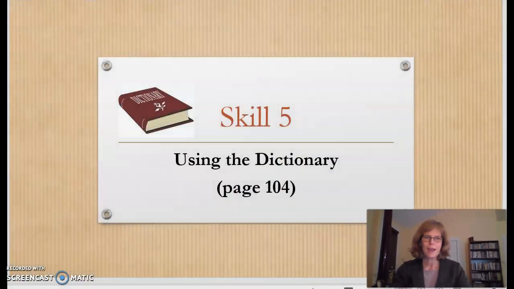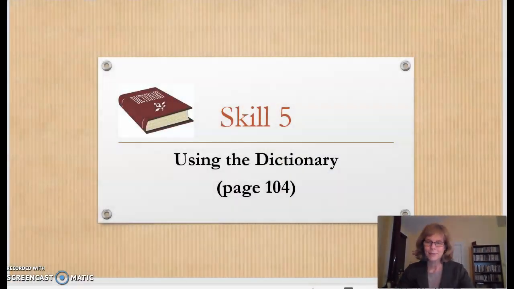So skill 5 really gives us some practice with using the dictionary and what to do if the dictionary gives us multiple definitions of a word that we're trying to understand. So let's just take a look at a few examples that I have for us, and we'll see if this helps as you read your next article.